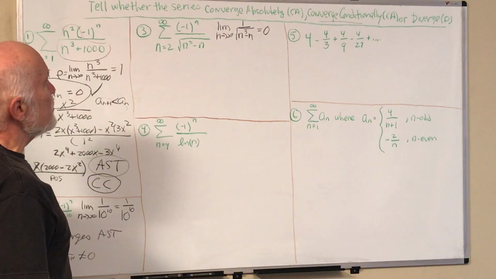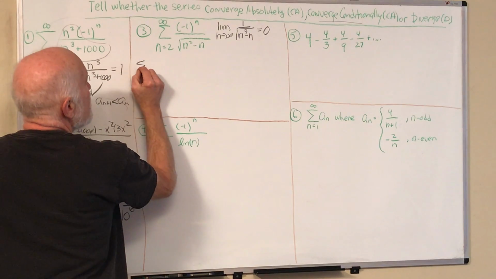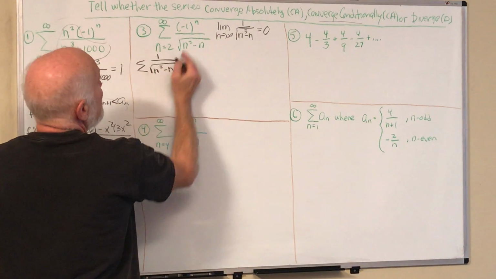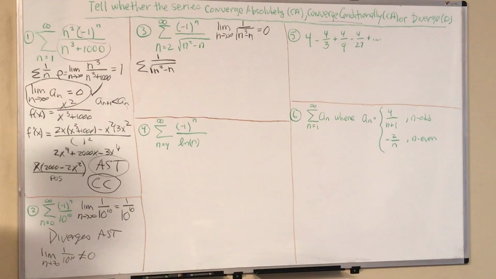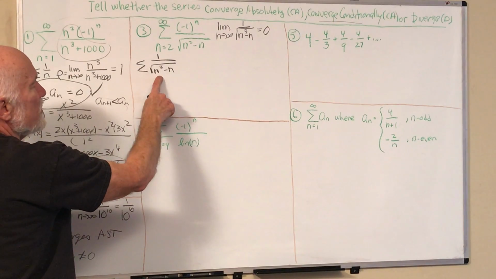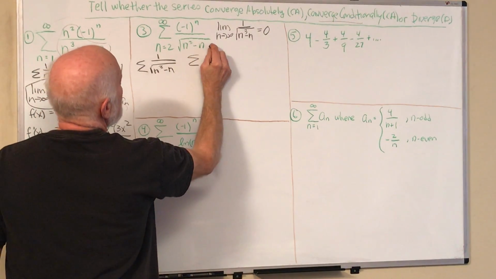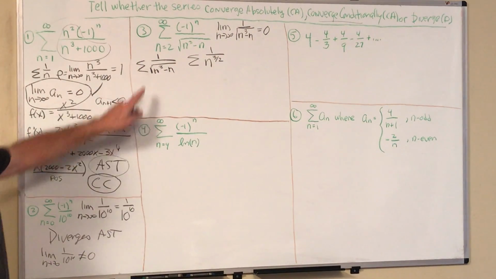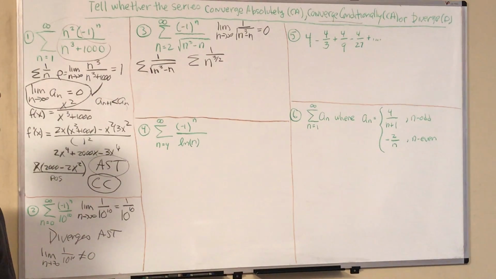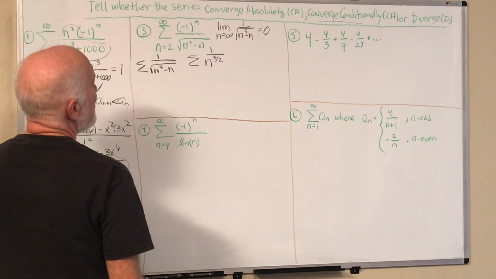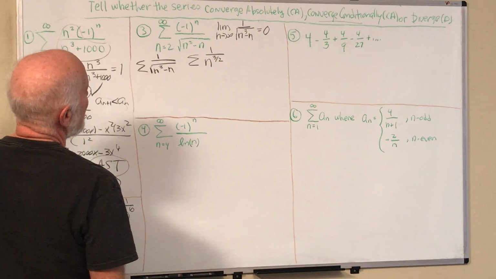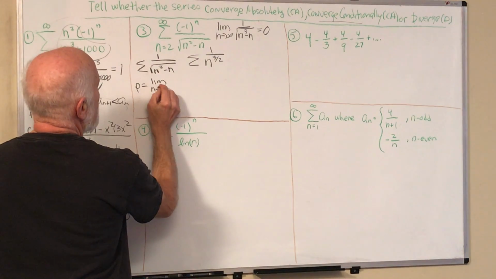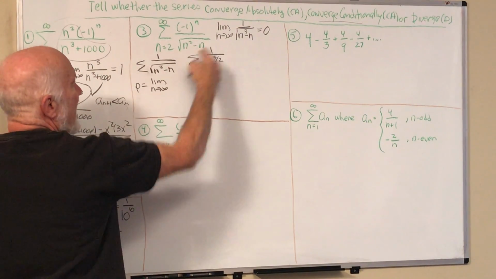So the first thing I'm going to do is just look at the series without the alternating part in. And what can I compare this to? I can compare this to 1 over n to the 3/2, because it's the square root of n cubed. So I'm just going to go straight to the limit comparison test, and I'm going to take rho to be the limit as n approaches infinity of this divided by this.